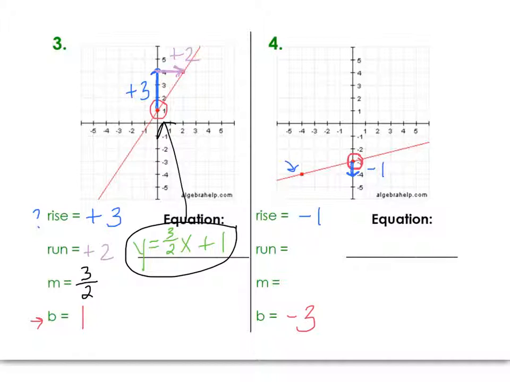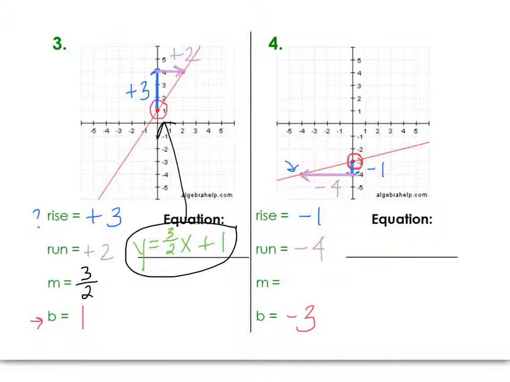I rise in a negative direction, and then I run 1, 2, 3, 4 units to the left. Since I'm running in the negative direction, my run is negative 4.